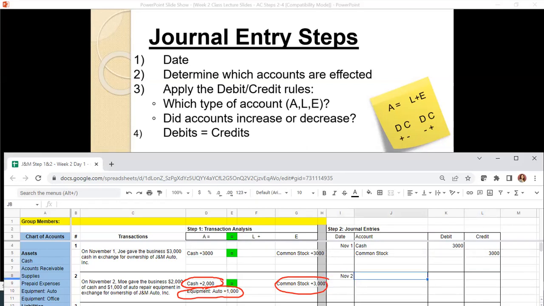Again, we want to make sure we think through our debits and credits first. So cash is an asset and it's increasing. So that's going to be a debit. Auto equipment is also an asset and it's increasing, as we see here. So that's going to be a debit also.